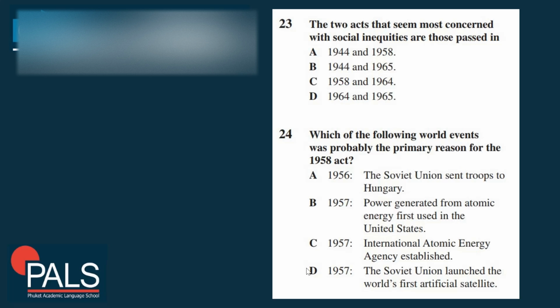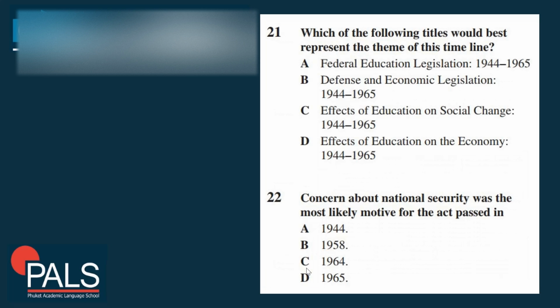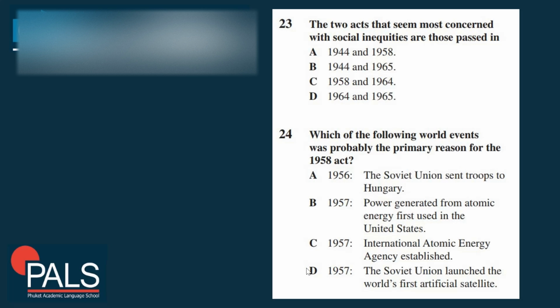Number 24, which of the following world events was probably the primary reason for the 1958 Act? We're going to go back and look at that act. 1958 was the National Defense Education Act, which provided funds to improve teaching in mathematics, science, and modern languages. Which was probably the reason?